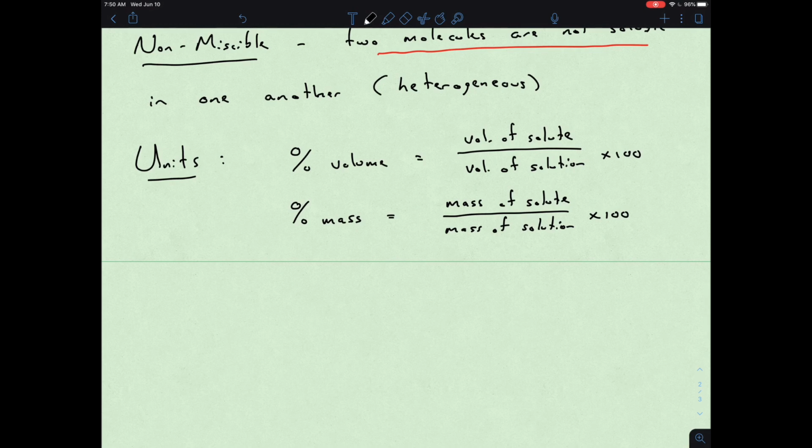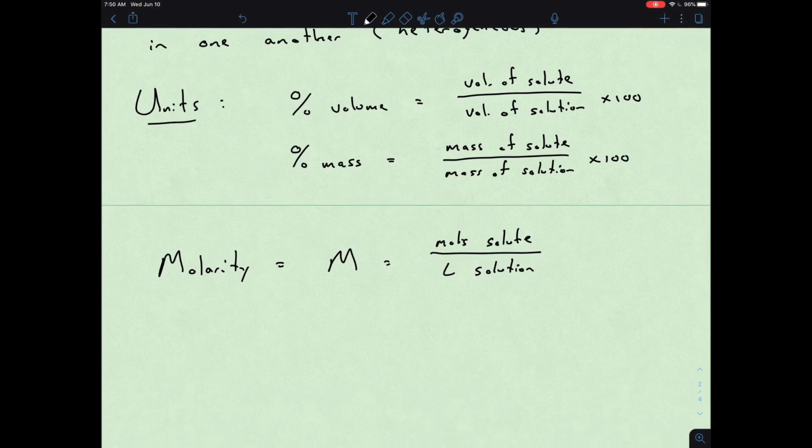Some other big ones would be molarity, right? Molarity, remember, is capital M, and that's moles of our solute per liter of solution. And we also have molality.